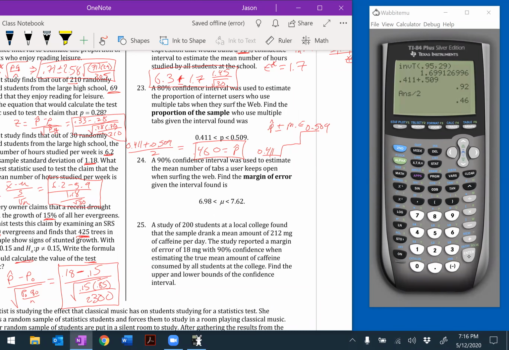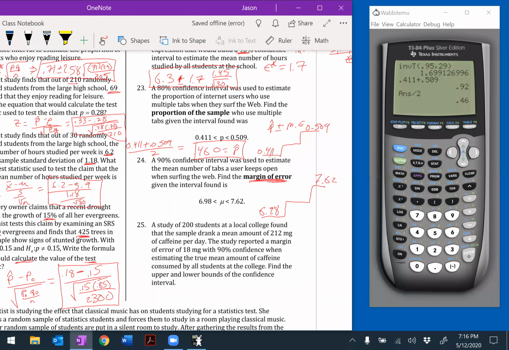Okay, the next one, how do we find the margin of error? This is a 90% confidence interval. We want to find the margin of error. Well, that's what we were adding and subtracting in the last, that's the difference, right? So if we look at the steps again, this is 6.98, this is 7.62.